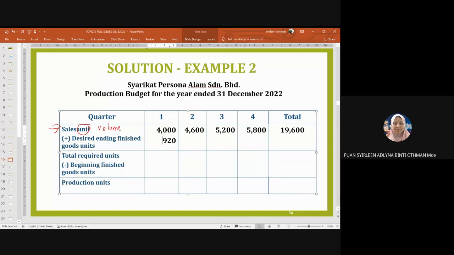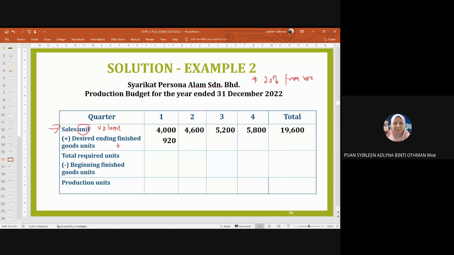Macam mana saya dapat 920? Sebab dia bagi tahu tadi ending inventory policy ialah 20% from next quarter sales volume. Jadi ending inventory sini diambil daripada 20% from quarter 2.